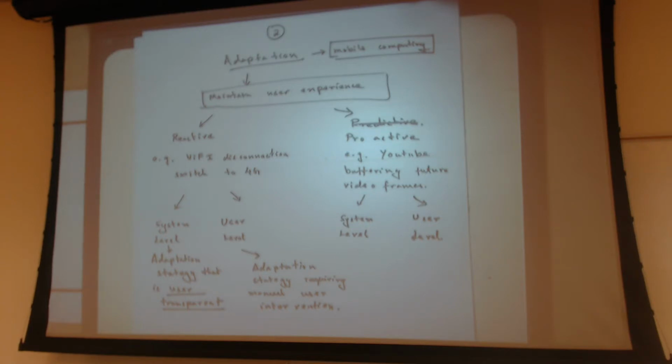So it has that prediction capability that predicts there is going to be a change in the environment. Then it asks the user, do you want to shut down this application? It asks the user. So that is an example of proactive user level adaptation.